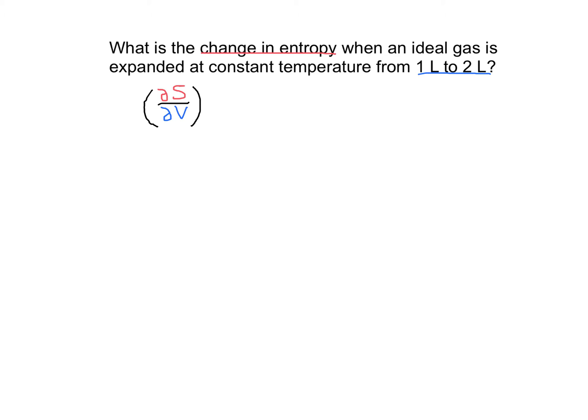Now every partial derivative has something that's held constant, and in this case we're doing this change at constant temperature, and so this partial derivative that we want is taken at constant temperature. So we want the derivative of the thing that we want to calculate, what we want to know, with respect to the thing that is changing in our process.